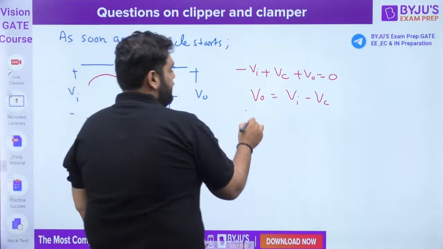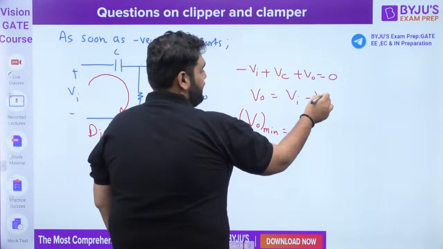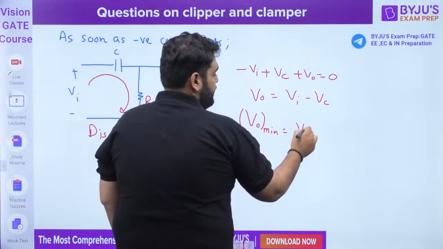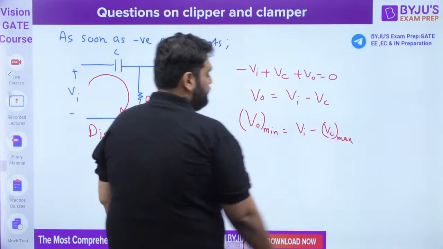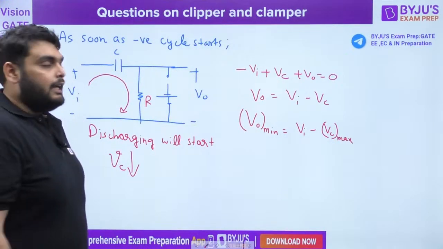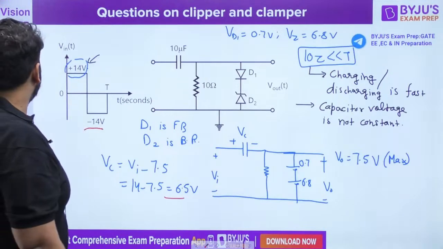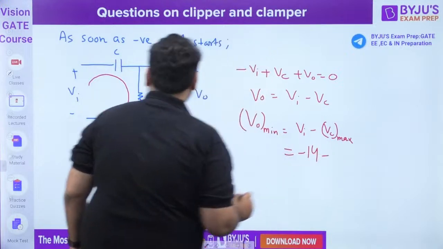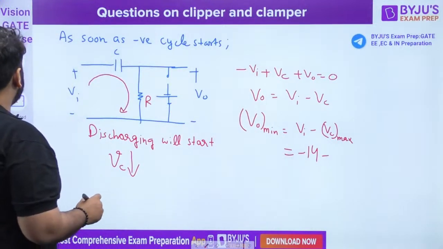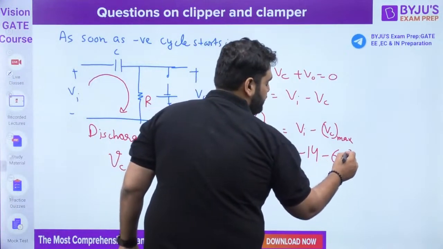Now what will be the minimum output voltage? The minimum output voltage is when the capacitor voltage is maximum. Input is fixed, at minus 14 in the input waveform. The maximum capacitor voltage is actually 6.5, because after that it keeps on decreasing.